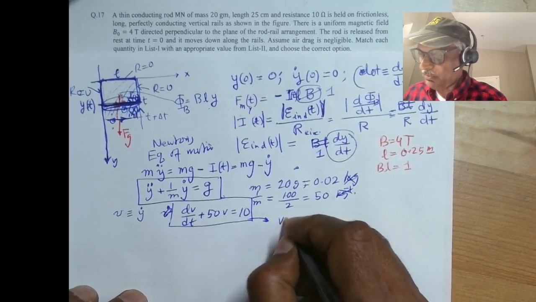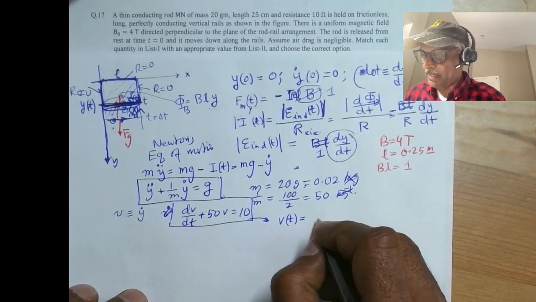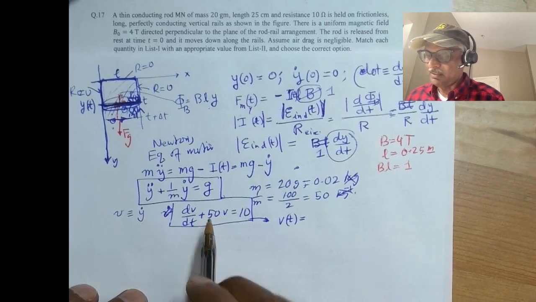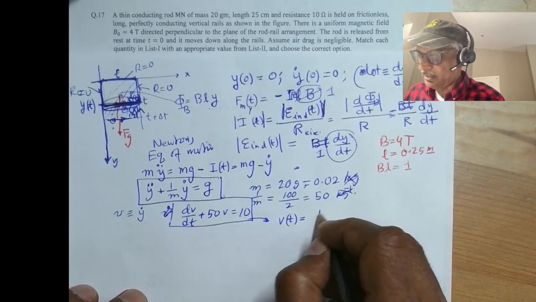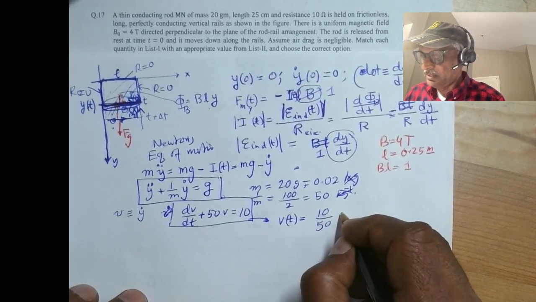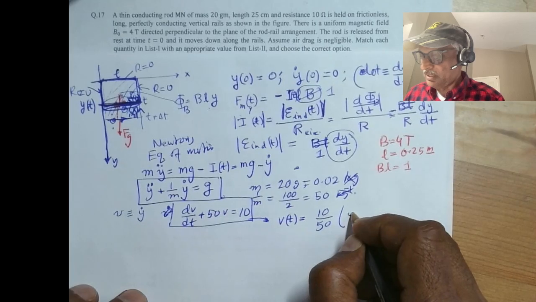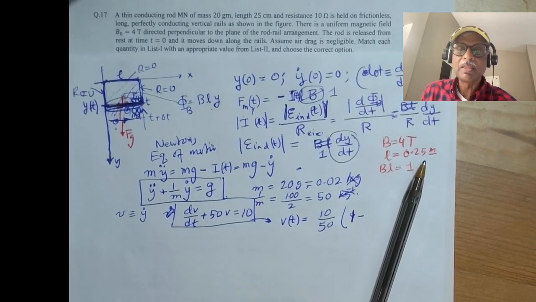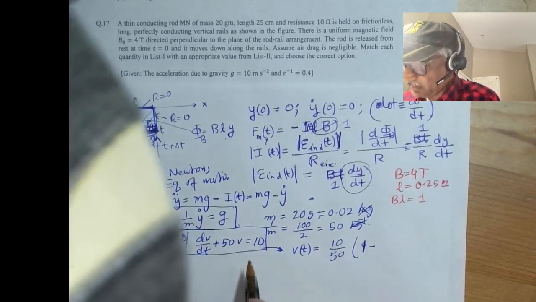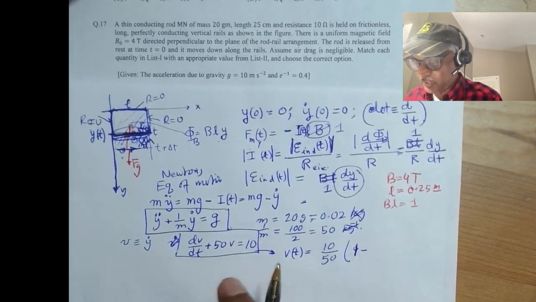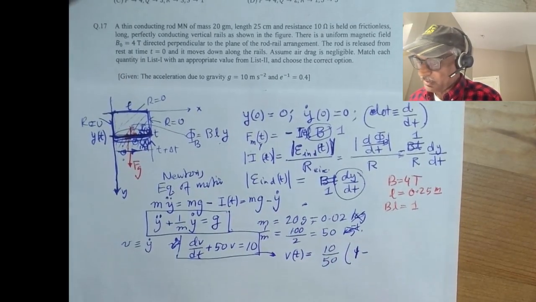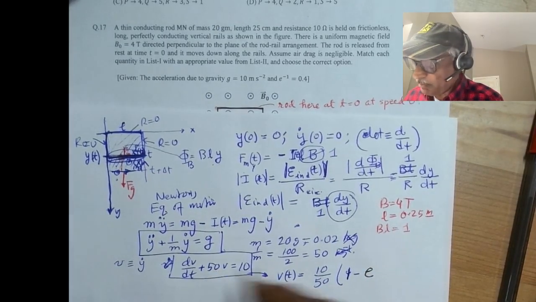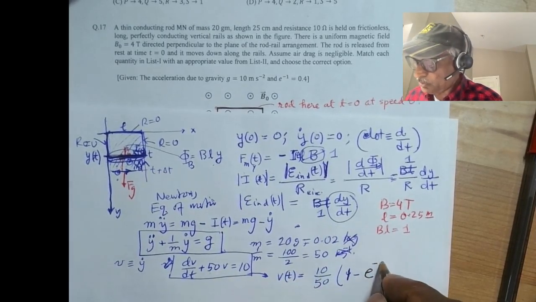Well, V of t will simply be this over this, like 10 over 50 times 1 minus e to the power of this number times t. But I see these numbers seem quite off.